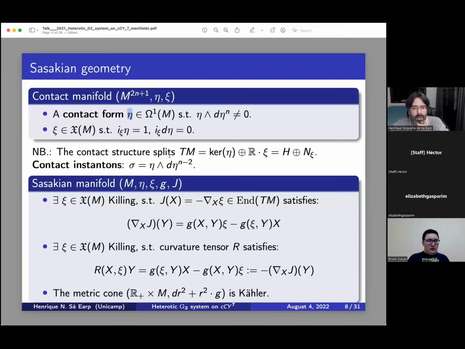A Sasakian manifold is a particular type of contact manifold in which you have a compatible Riemannian metric and a compatible transverse almost complex structure J. So Sasakian geometry can be seen as an odd dimensional analog of transverse Kähler geometry. It's rigorously characterized by the fact that the metric cone over it is actually Kähler.